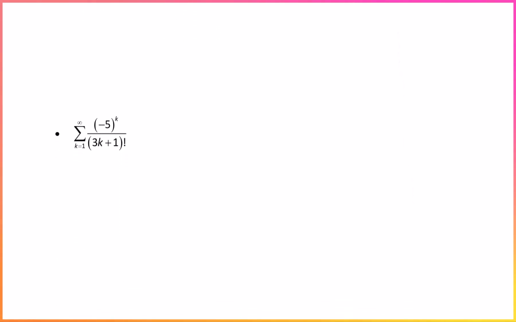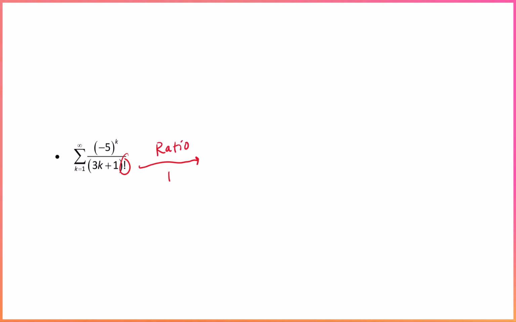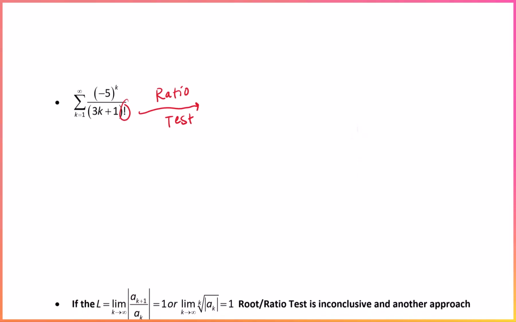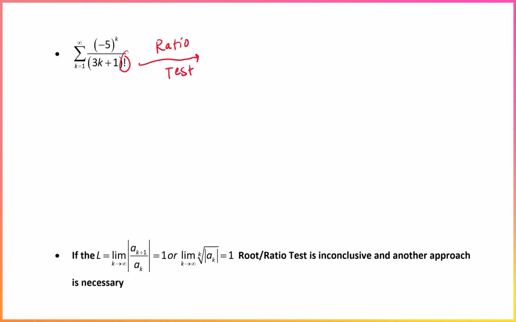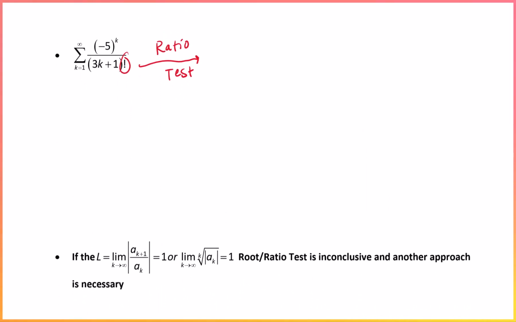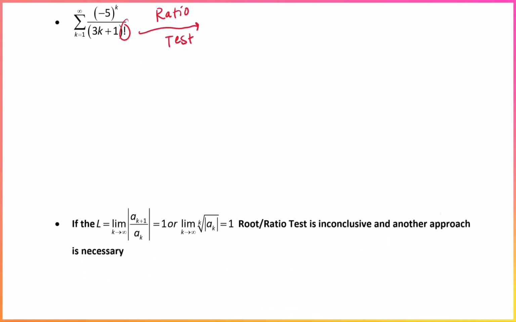This one, I see both the power on k and the factorial, but because of the factorial, I'm going to try the ratio test. I know with factorials, when I look at ratios, I get a lot of canceling. So that's a really nice test. Well, technically, it's two tests. That's a really nice test, and it gives us that absolute convergence or divergence.